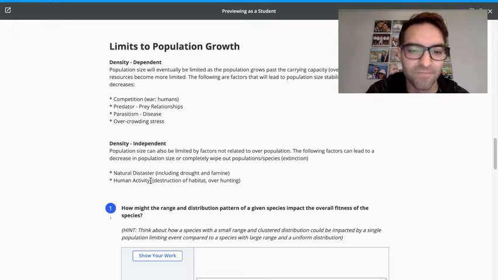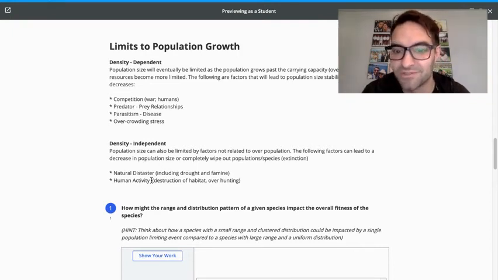So the rate at which we are destroying entire species is equal to, if not greater than, what we picture with the dinosaurs. A lot of people don't necessarily think about it, but it is a big part of biodiversity and population limitations for species.